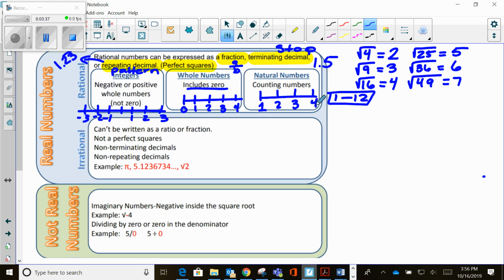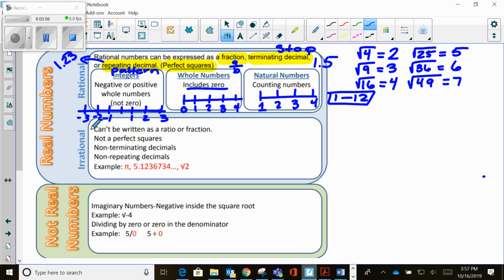All of those numbers are counting numbers, the number 0, which includes whole numbers, and integers, which include positive and negative whole numbers, as well as our repeating decimals, fractions, terminating decimals, and perfect squares are all considered rational numbers.